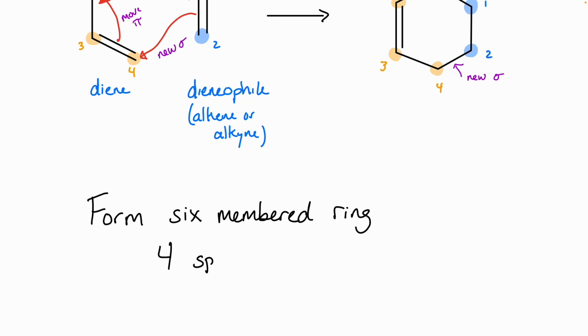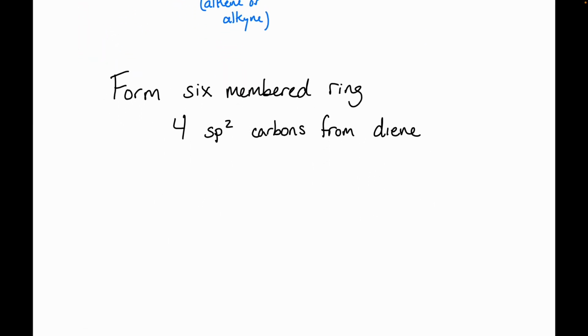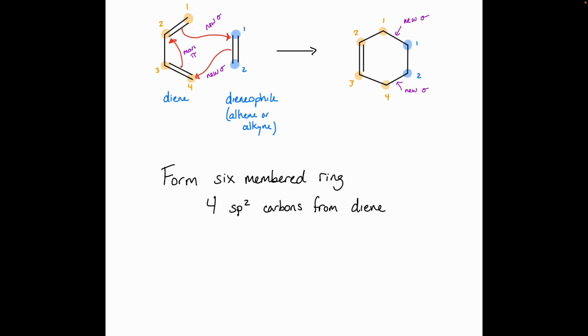Right, the 4 sp2 carbons from your diene and the 2, either sp2 or sp if it was an alkyne, carbons from your dienophile.